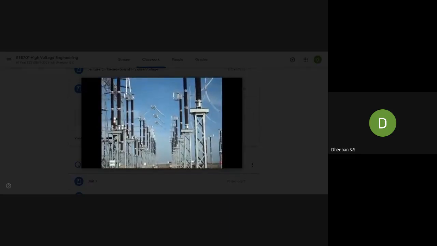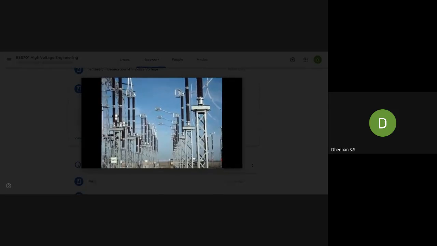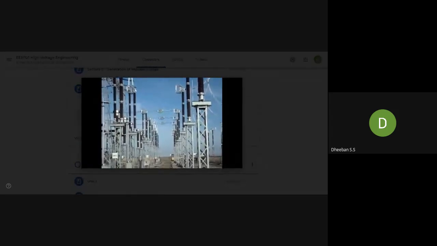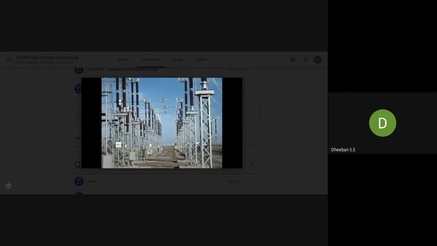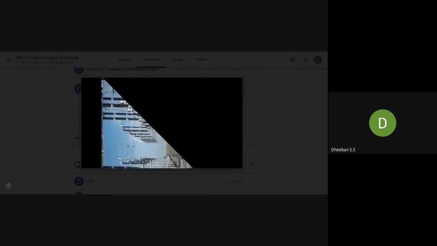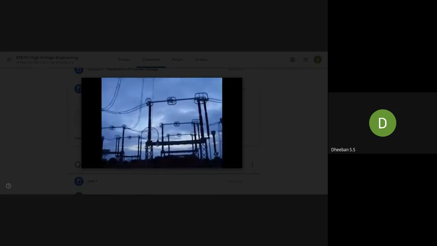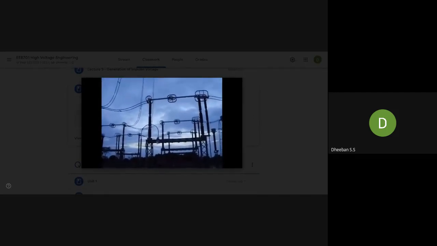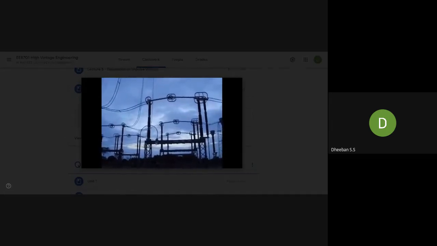Here also it is a closing action, and there you can see the surge. Mainly you can see these kinds of things at the substation. Here it is the opening action.